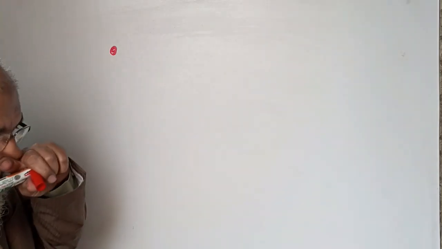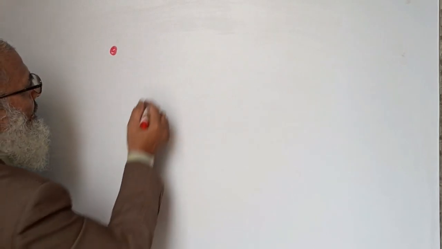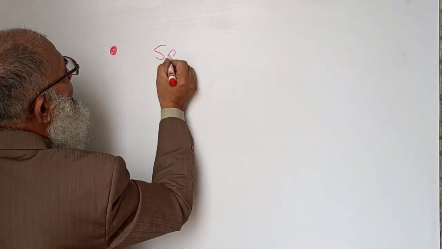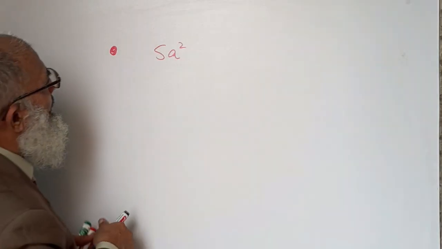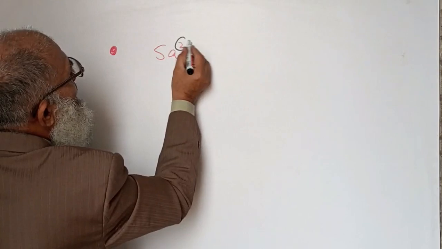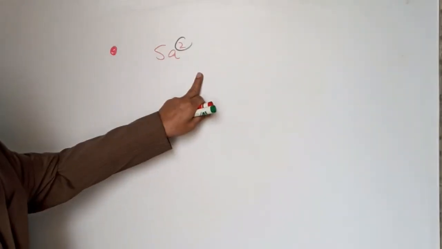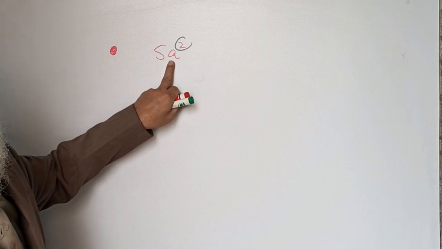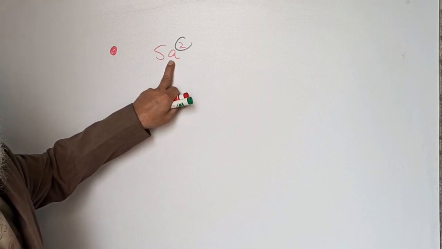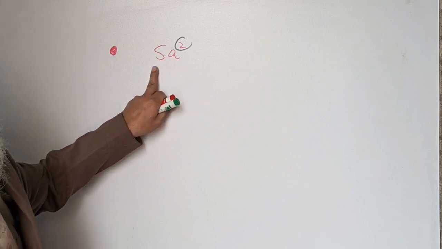Now a very important rule is coming up. If it is written like this, 5a square, this square is only for this variable, not for the 5.